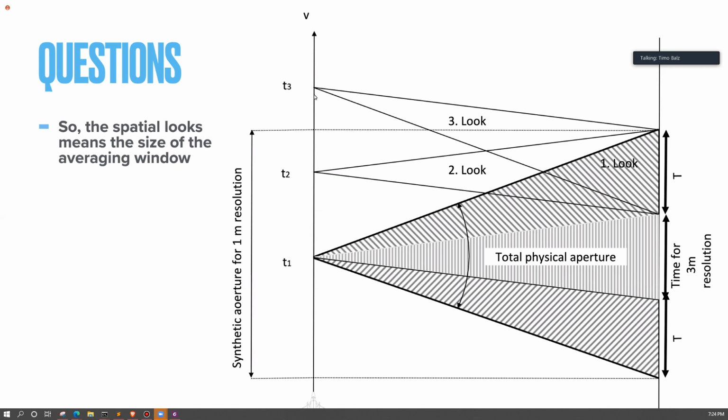Technically, it's also possible from the SRTM data, right? And then process them and average them separately. However, we also use the term looks when we just talk about using a standard averaging window, right? So in that term, it's just used as a SAR term.